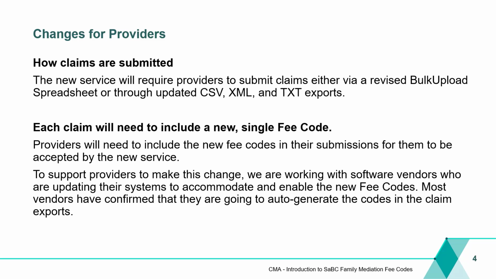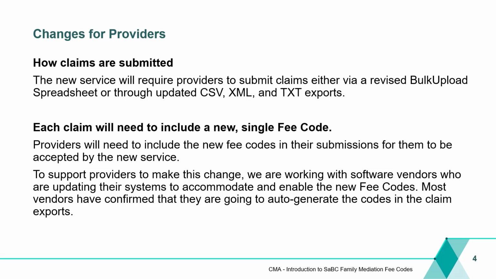Providers will need to include this not only for claims that are opened once the system is launched, but on any claim that you intend to put through the service. This will include those claims that have been subject to contingency payments since May 2025. When submitted in a Submit a Bulk claim, they too will also need to have fee codes added to them.